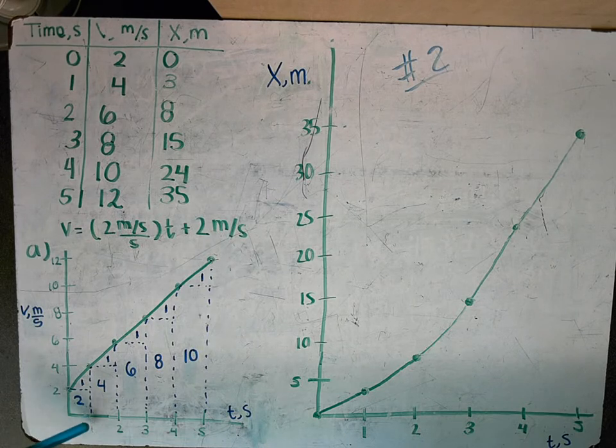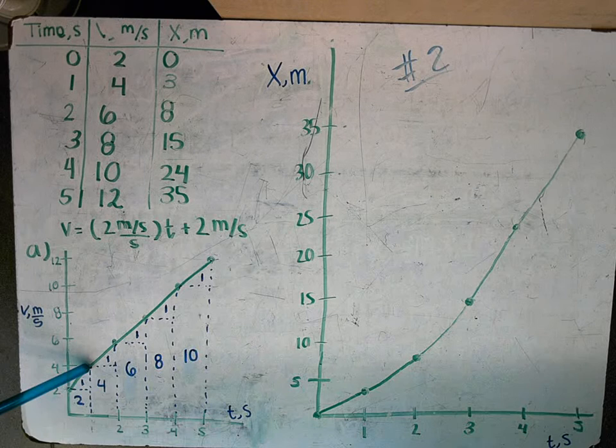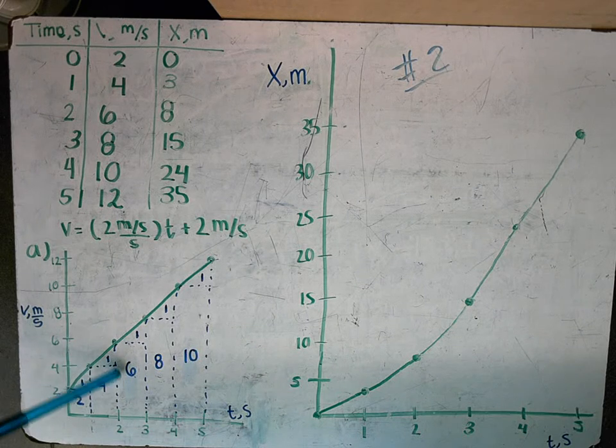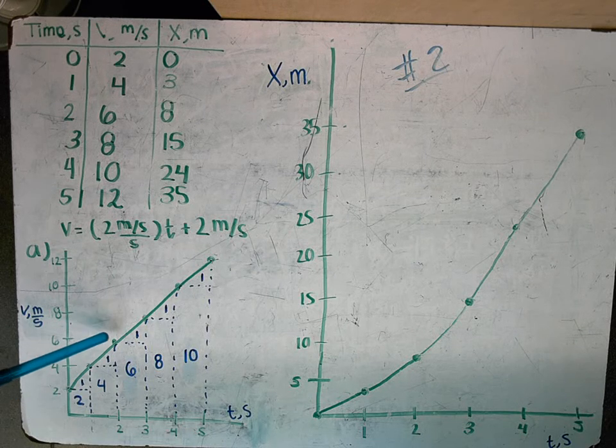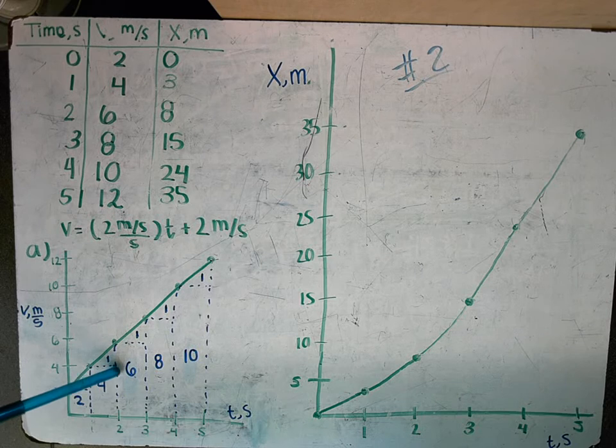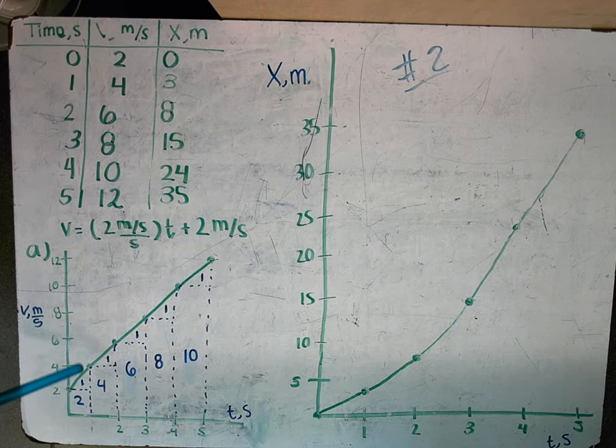Now, during the next second, I start off going 4 meters per second. And if I went 4 meters per second for 1 second, I would go 4 meters. So this little rectangle right here represents 4 meters of displacement. But during that second, I increased my speed from 4 to 6. So I went this far. The area of this triangle represents how far I went because I increased my velocity during that 1 second.